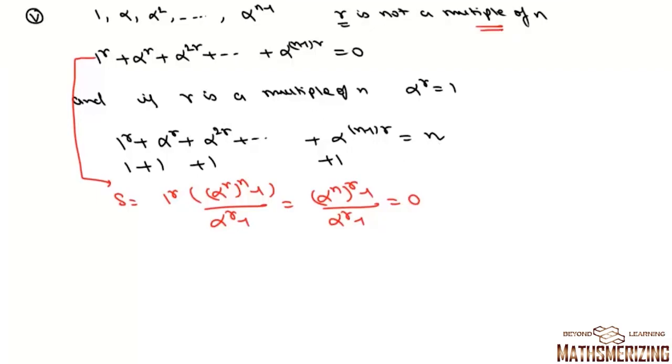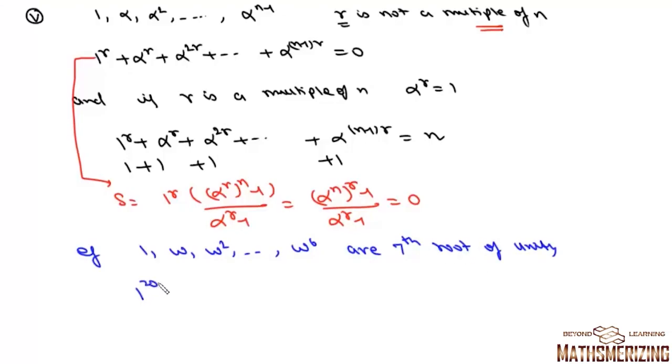Now say for example, suppose 1, omega, omega square up to omega to the power 6 are the 7th roots of unity, then 1 to the power 2021, omega to the power 2021, omega square to the power 2021, up to omega 6 to the power 2021 will be 0.